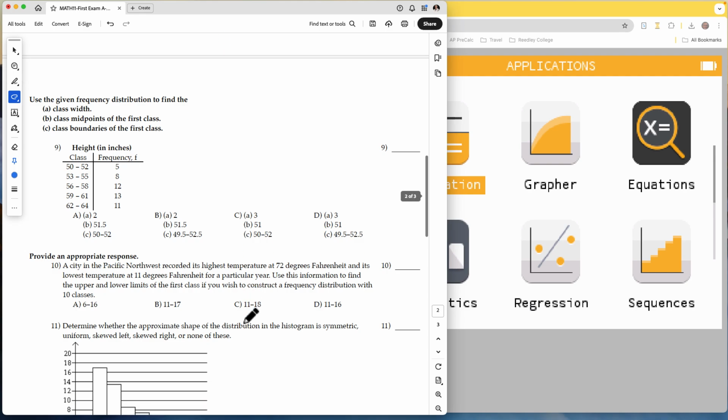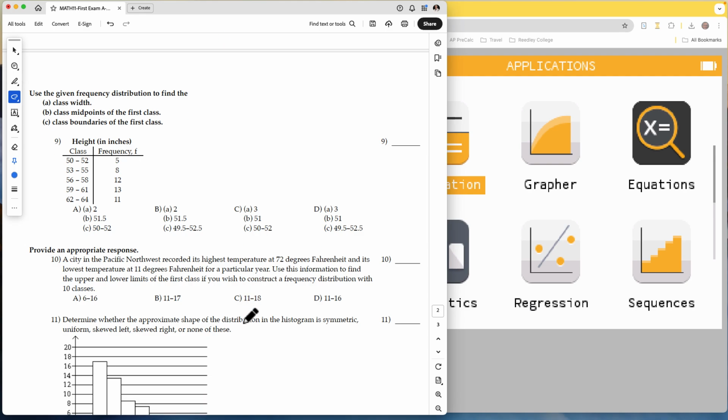Use the given frequency distribution to find the class width, class midpoint of the first class, and class boundaries of the first class. So we can see here the width, if you count, you've got 50, 51, 52. It's got a width of 3, right? 3.